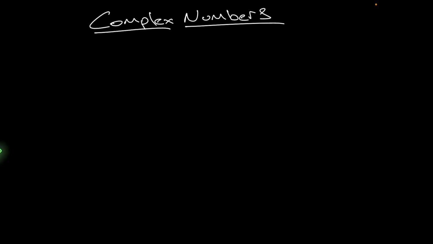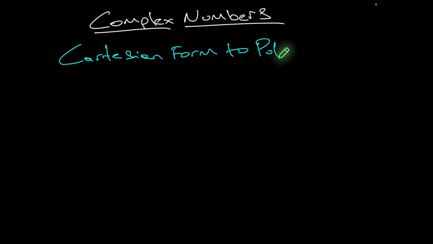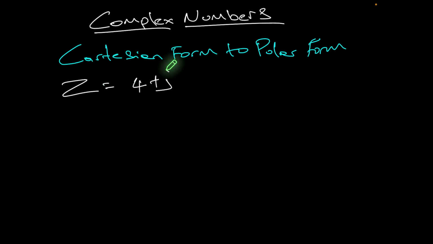Now, what I'm going to do next is show you how we would convert from one form to the next. So let's say we're going to convert from our Cartesian form to polar form. Moving from Cartesian form to polar form is quite straightforward. So let's say what we have here is z equals 4 plus j3.